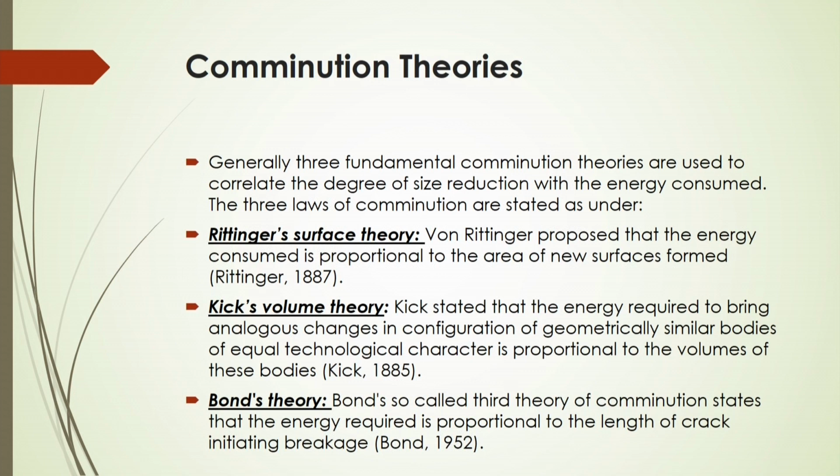The formation of fine particles depends on how much energy is consumed for splitting or breaking the particles into finer ones. There are three general formulas given by different investigators, like Rittinger, Kick and Bond. These are three fundamental theories by which you can explain how comminution of the particles happens inside the bed. Rittinger's surface theory says that the energy consumed is proportional to the area of the new surface formed during the attrition process.